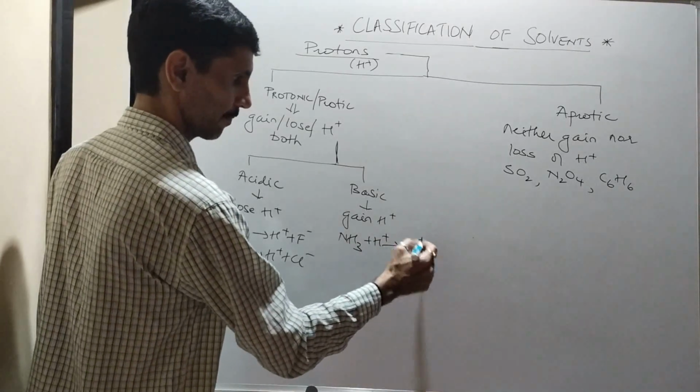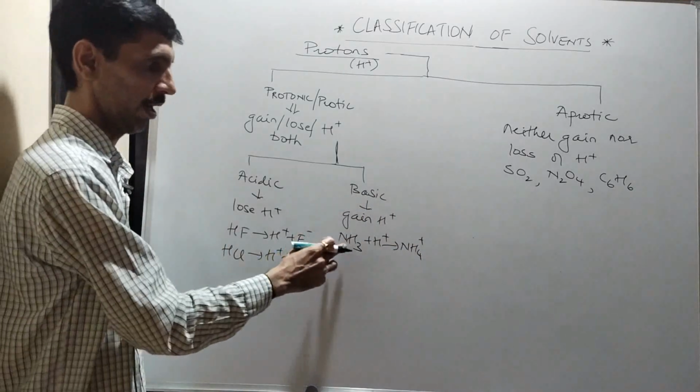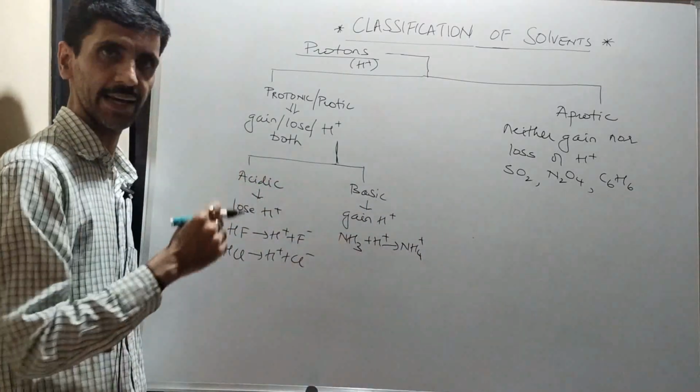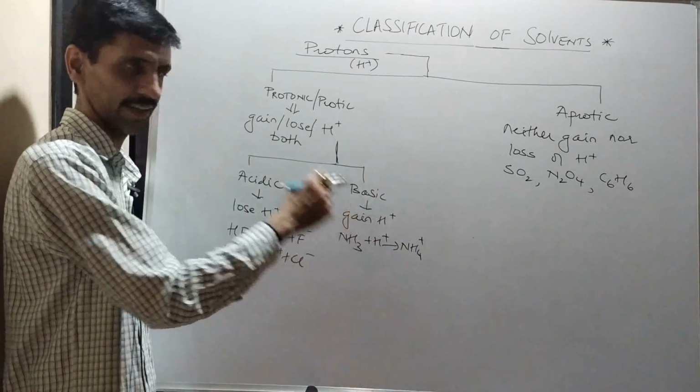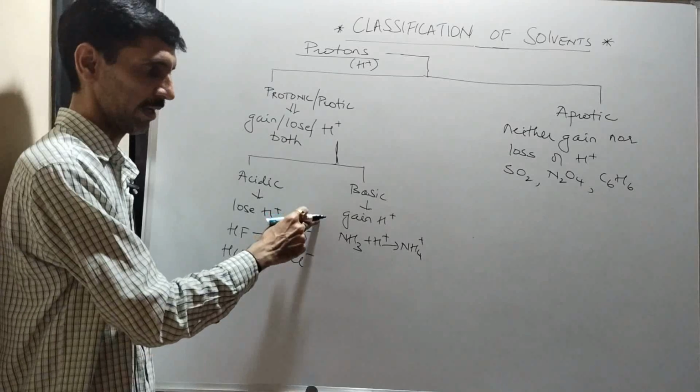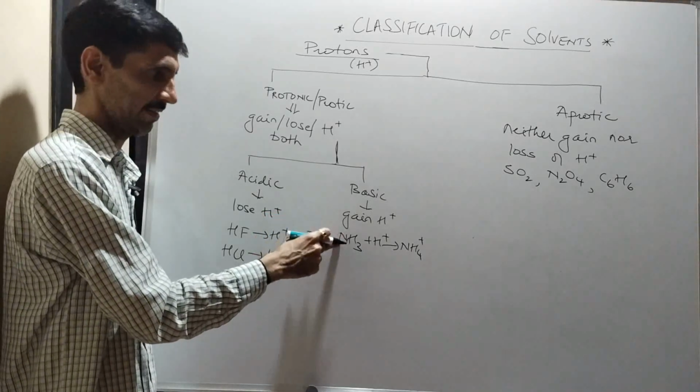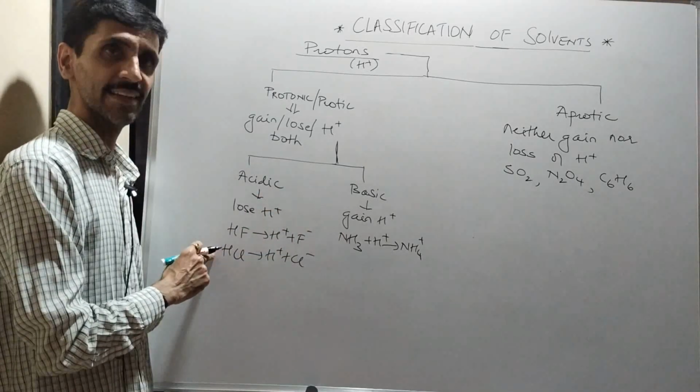We write it like this. So ammonia is gaining a proton, and only then does it become NH4+. Gain means it is written on the left hand side of the reaction. That's why we call ammonia basic, and we call HF and HCl acidic.